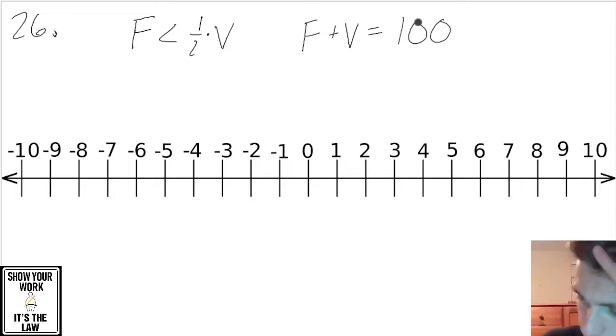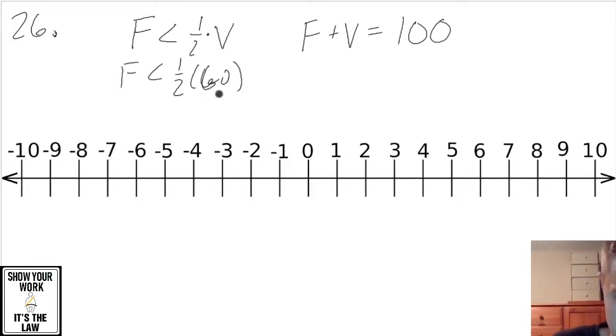If x represents the number of points that the varsity team scored, could x equal 60? In other words, hold on. Okay, forget about x because we know our variable is v in our problem. Because what does it say? The varsity team points. So we already have that as v. Could it equal 60? Let's plug it in and find out. 1/2 of 60. Okay, what's 1/2 of 60? 30. So f is less than 30.